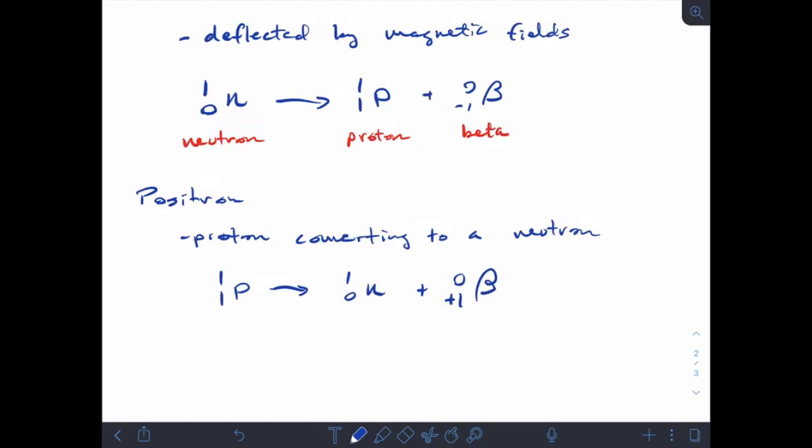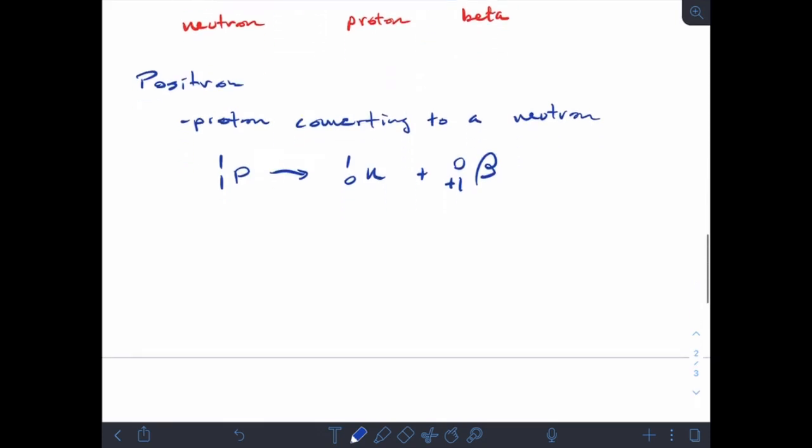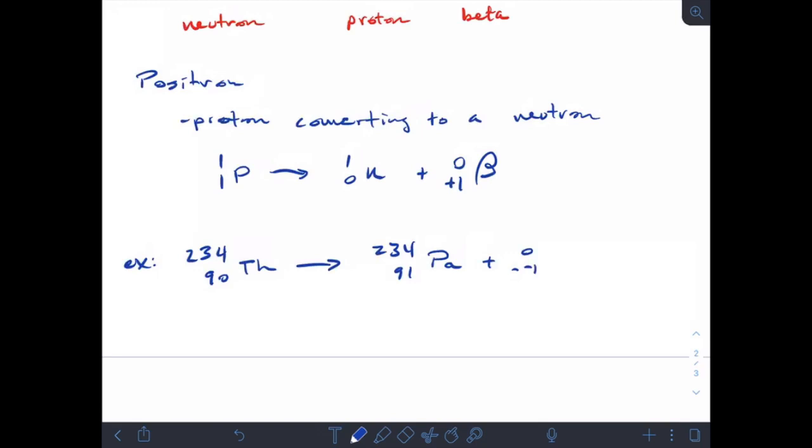Okay, so what we see in these two processes, let's look at actual examples of the equations. Thorium-234 undergoing beta emission will become, I forget the name of this element, Pa, plus a beta particle.